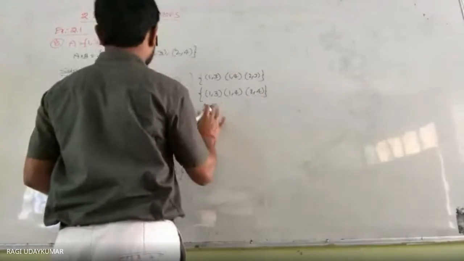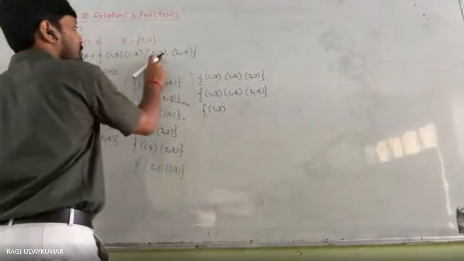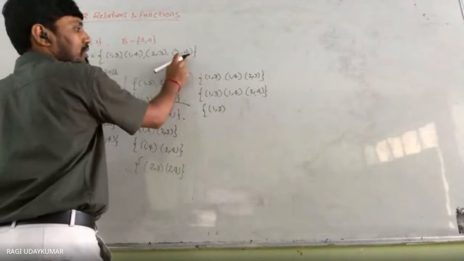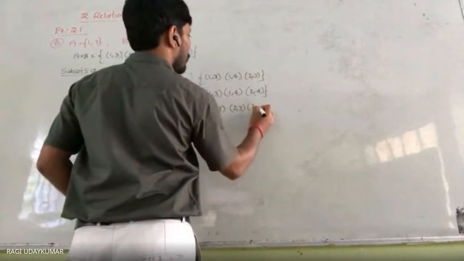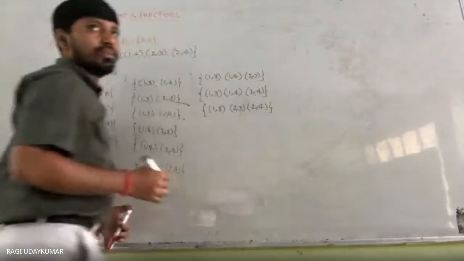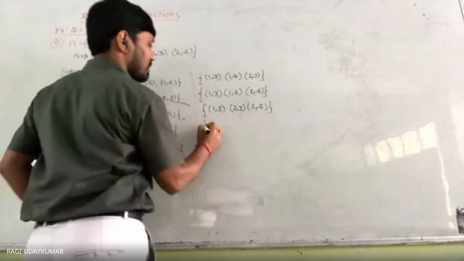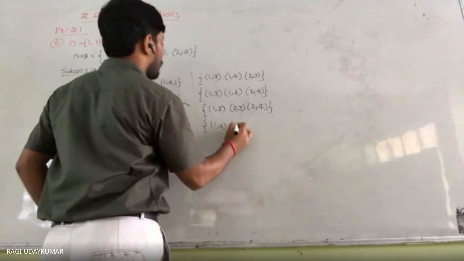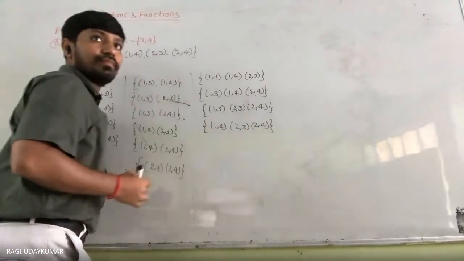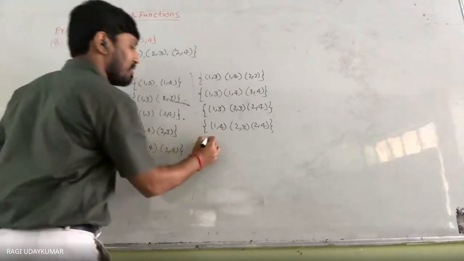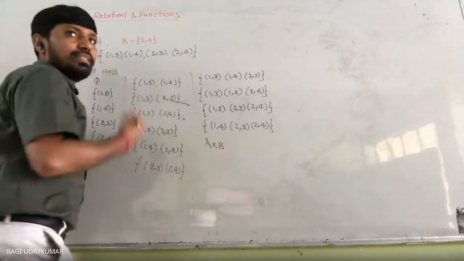These two are done. Okay, 1,3 2,3 2,4. Next the combination of these three: 1,4 2,3 2,4. Finally, this A cross B as it is. That makes the 16 sets.